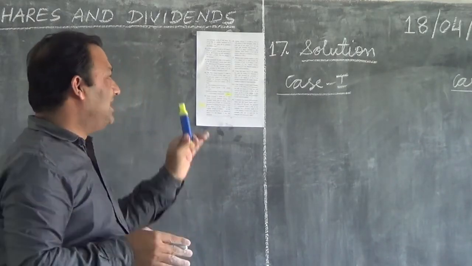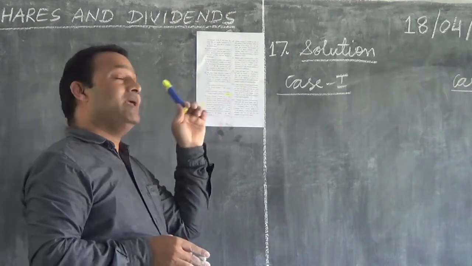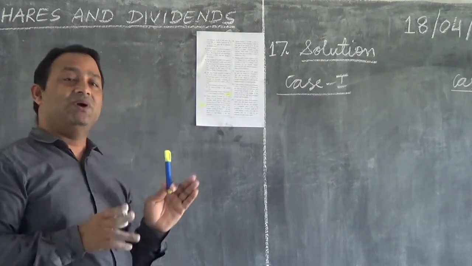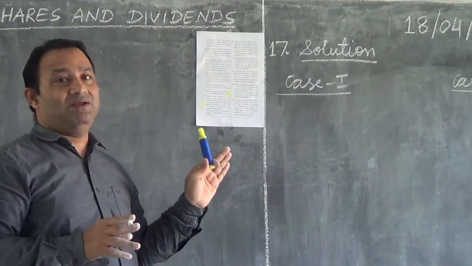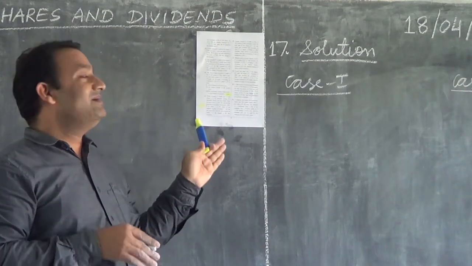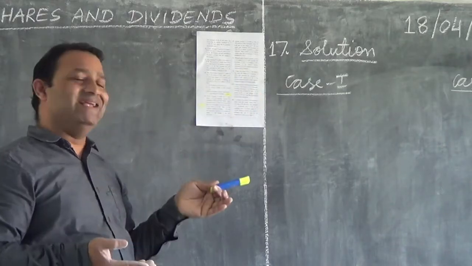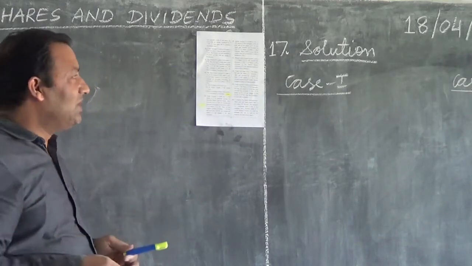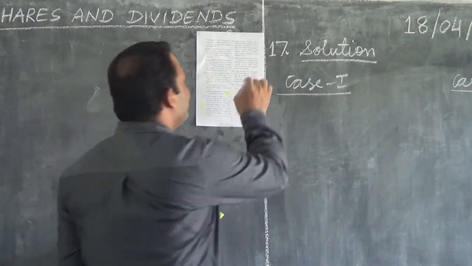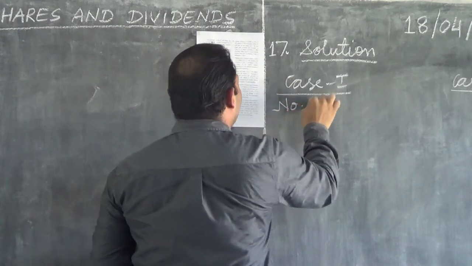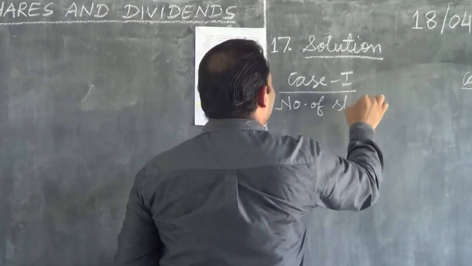And if annual income is already given in the question, then you have to frame one equation. Annual income of case 1 minus annual income of case 2 equal to the given change in annual income, so unknown quantity will come out. So now here what is unknown quantity? Number of shares.